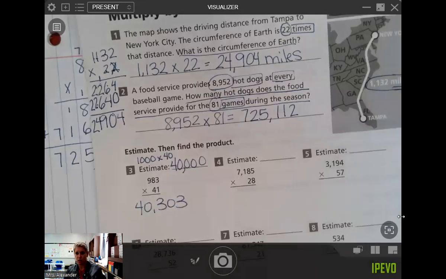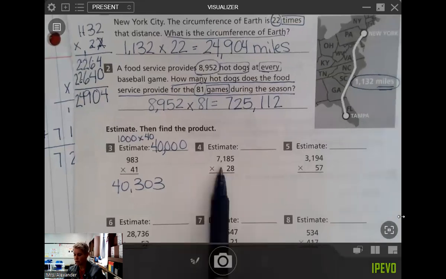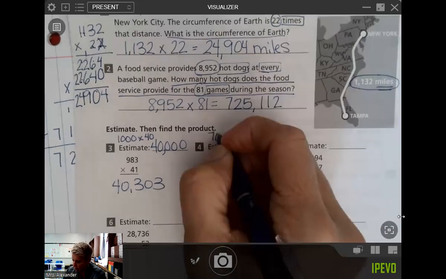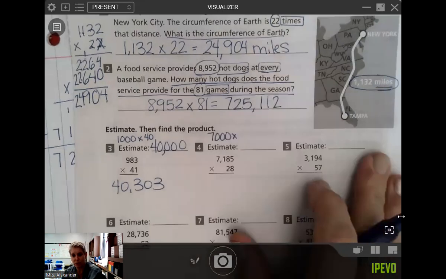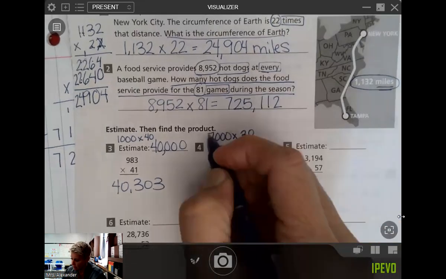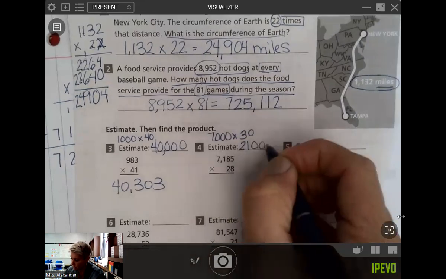All right, let's estimate number 4, 7,185 times 28. Round your first number for me. I think 7,000. The second number, 28, would round to 30. 7 times 3 is 21 with 4 zeros.